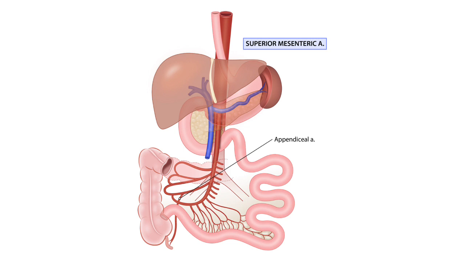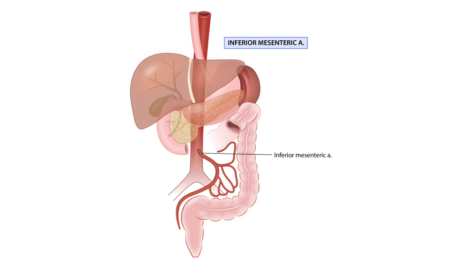Now let us look at inferior mesenteric artery. Inferior mesenteric artery has the following branches: the left colic artery, ascending branch, descending branch, and sigmoid branches, and superior rectal artery.